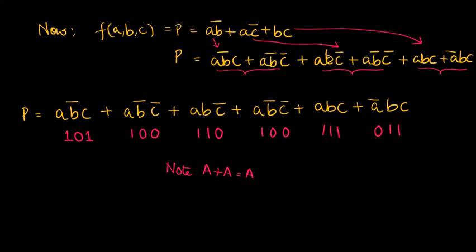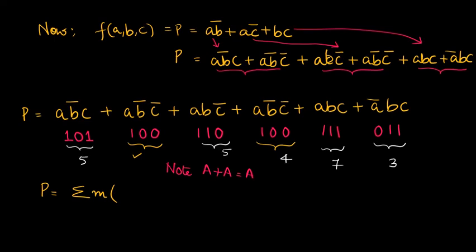When we represent in terms of min terms, we represent them as M5, M3, M6, M4, M7. But when we want to represent them in terms of the shorthand decimal notation, we represent them in terms of the summation, that is sigma M 3, 4, 5, 6, 7.